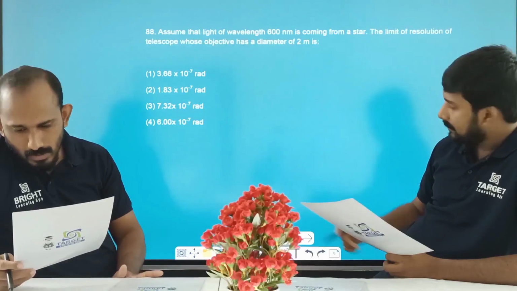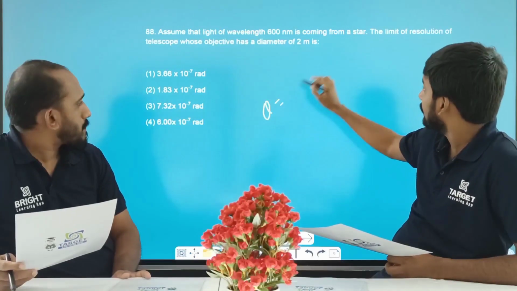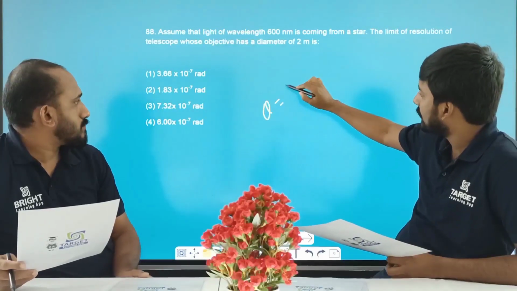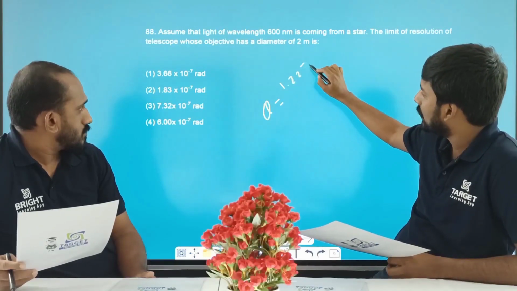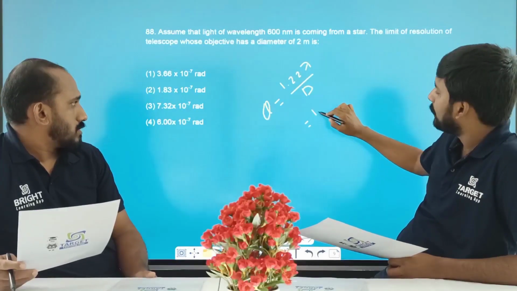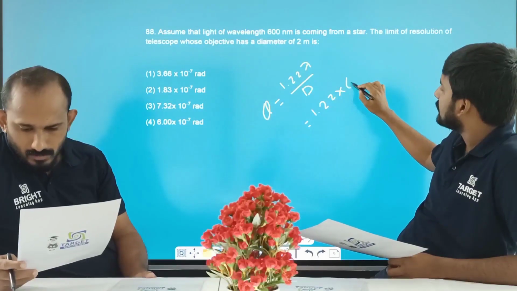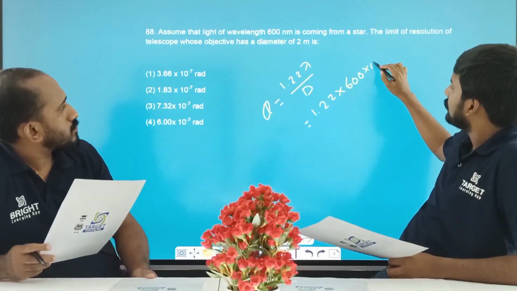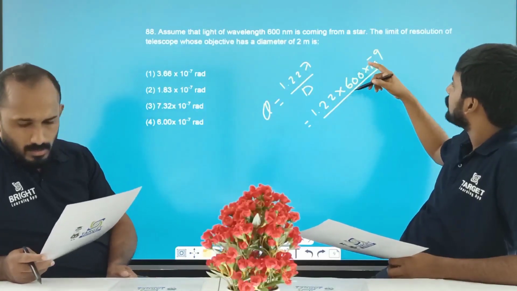So theta for a telescope is equal to 1.22 lambda by d. That is equal to 1.22 into lambda, 600 nanometer, into 10 raised to minus 9, divided by diameter 2 meters.